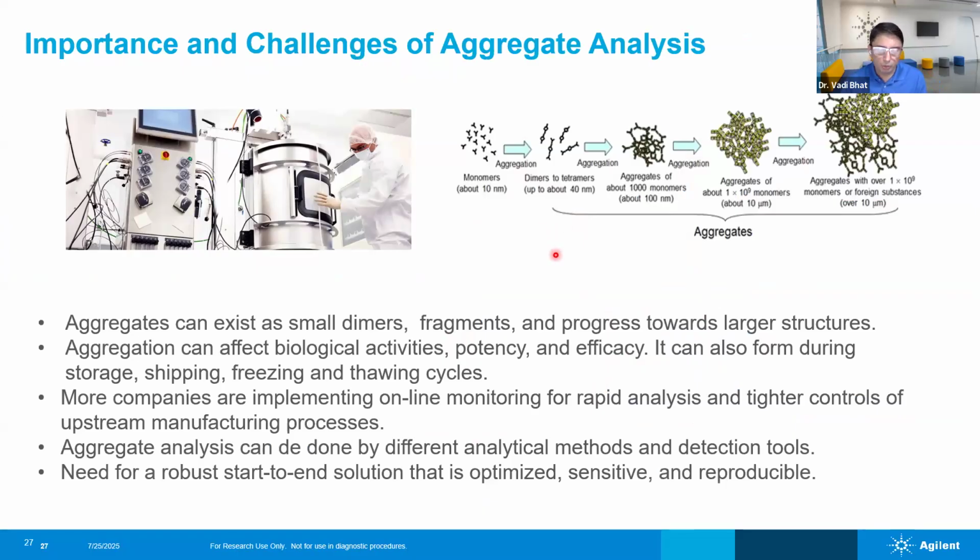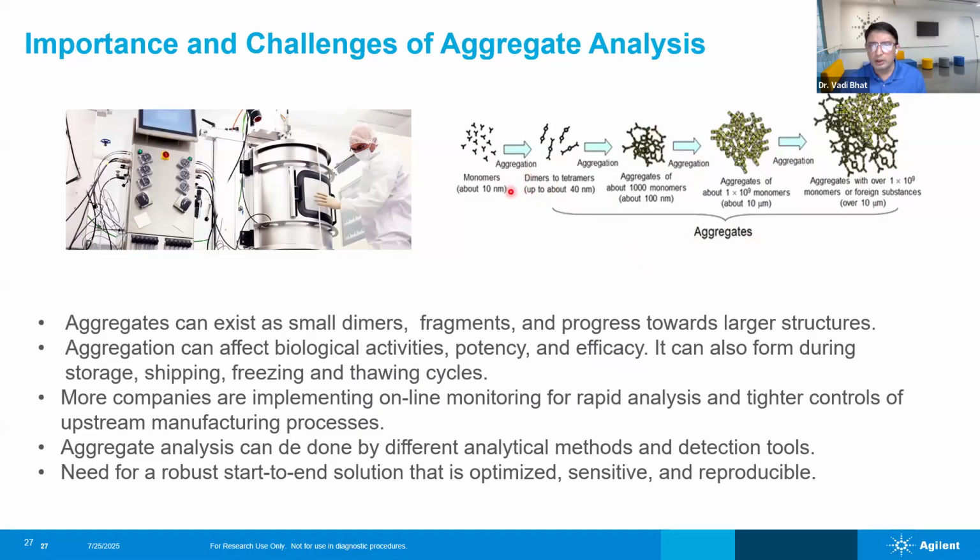Now when you look into aggregate analysis, it is important. As you can see here, monomers are typically what one is expecting, but for a variety of reasons, including temperature related things, freeze and thaw, and many other issues, it can have different types of aggregates, right?